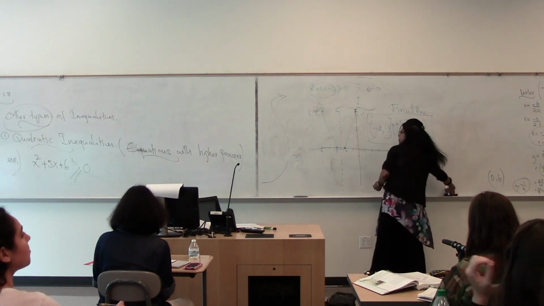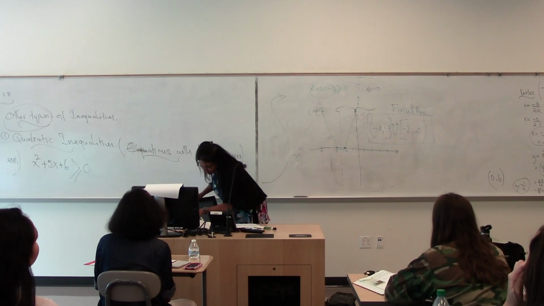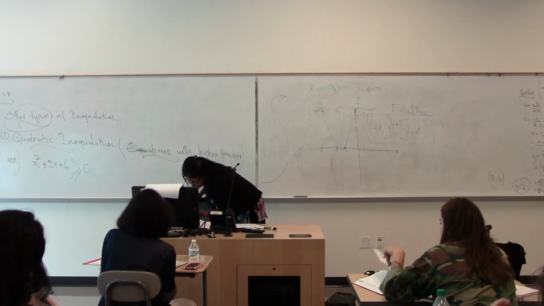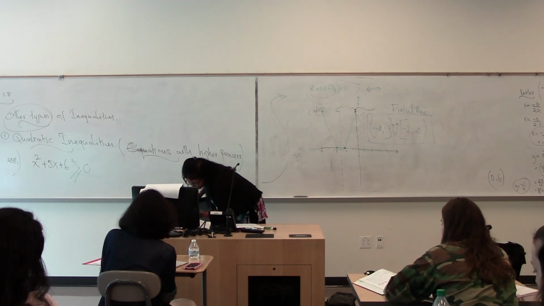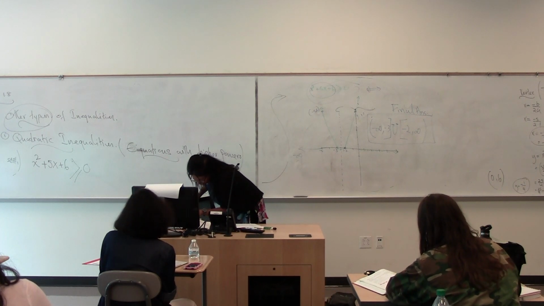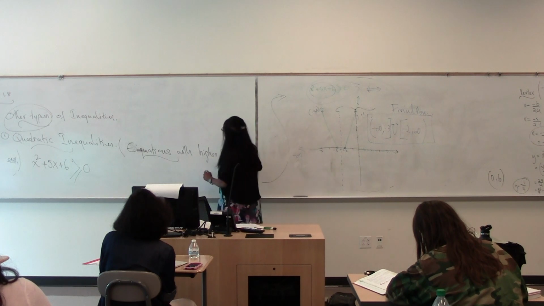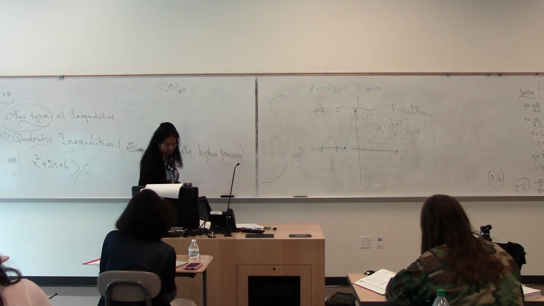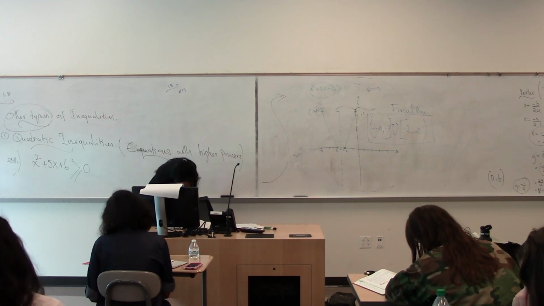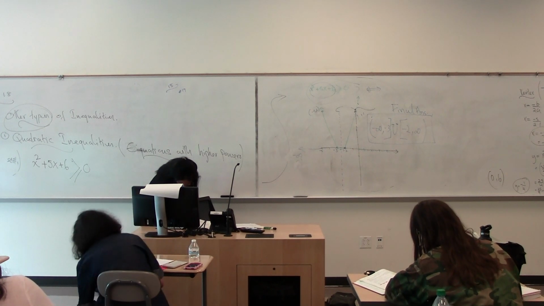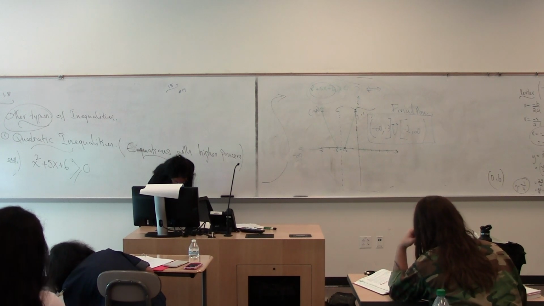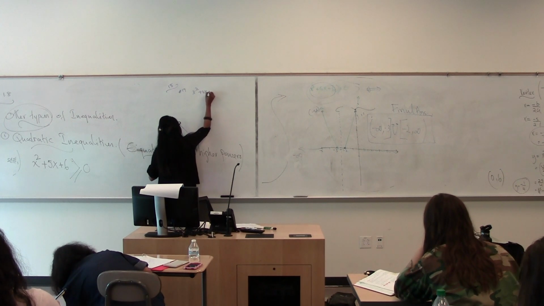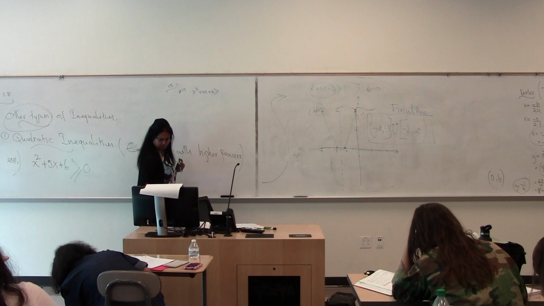Okay, so now I'm going to do an example from the book. Let's do problem number 17. So number 17, what does it say? x squared plus 4x plus 4 is greater than or equal to 9.